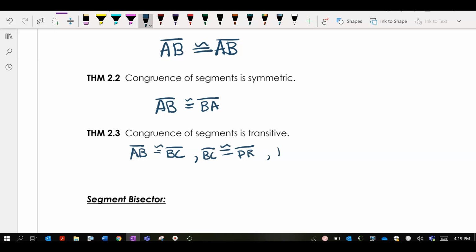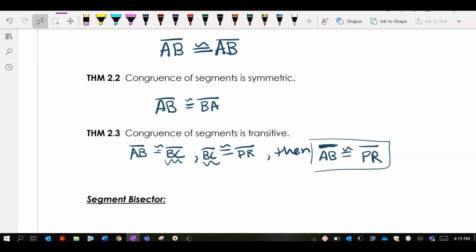So then we can say that segment, well, it looks like here BC, BC, so we can say segment AB is congruent to segment PR, and that would be the transitive property.